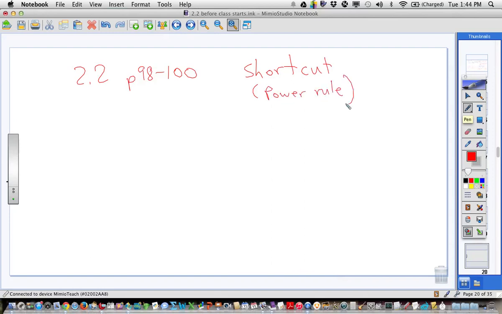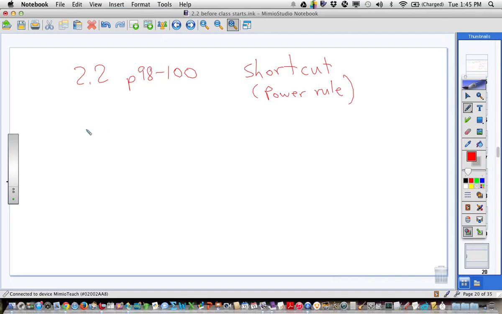Okay? Most of page 2.2 is some functions, and you get to use this power rule. Now, you might have to do some rewriting like some of the ones we were just doing, but you're going to get to do the shortcuts. So there's not a lot going on there. Those don't take very long. Okay? So that's that part of it.